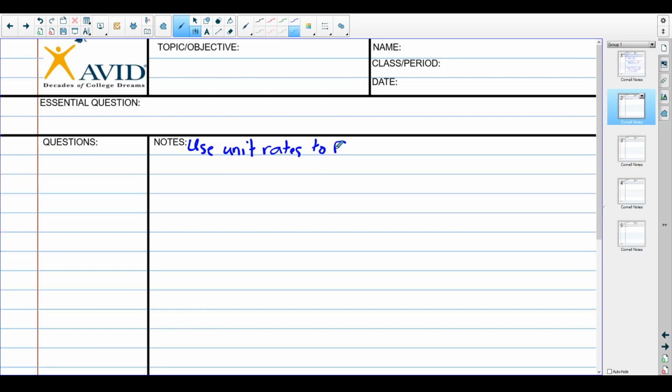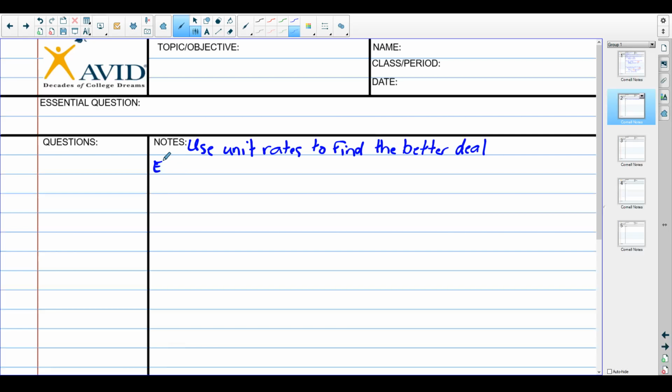So if you go to HEB, you can look at the price tags, and next to the full price, it will tell you price per ounce or price per pound, and you can use that to make informed consumer decisions.